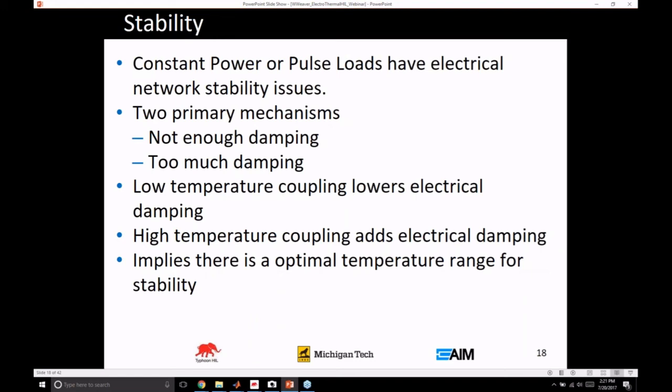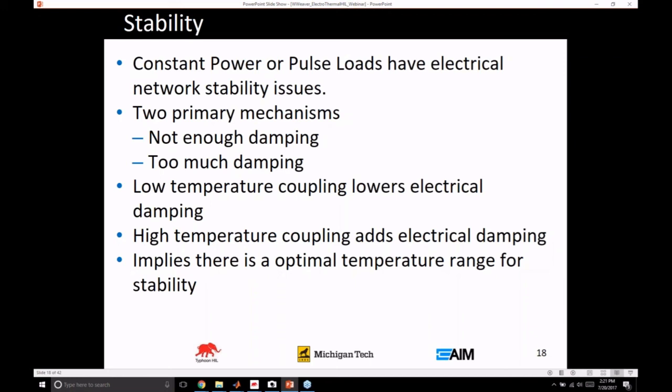So there are two primary mechanisms. As we mentioned before, there may not be enough damping, and there might be too much damping that gets you into trouble for those voltage levels. What we've seen come out of this work is that a lot of the thermal coupling to the electrical network shows that low temperatures in the system really give you a good efficiency, but may not provide enough damping to maintain a stable system.